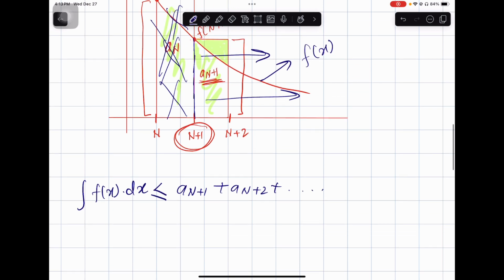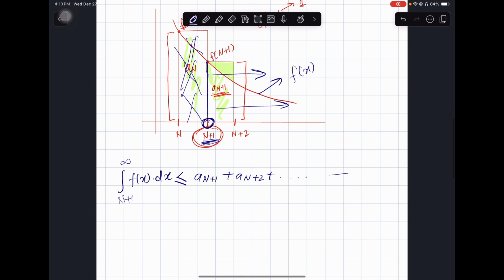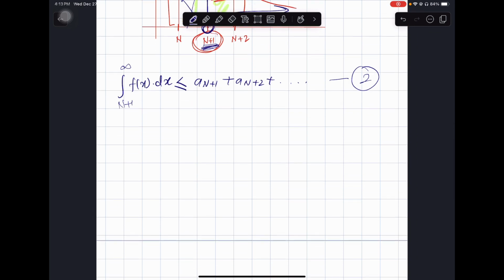Now what about the lower bound and the upper bound of the integral? Since we are starting from this point, the lower bound is n plus 1 in this case and not n. So n plus 1, and as we go up, the upper bound is infinity. Now let's combine inequality first and inequality second. What do we get?